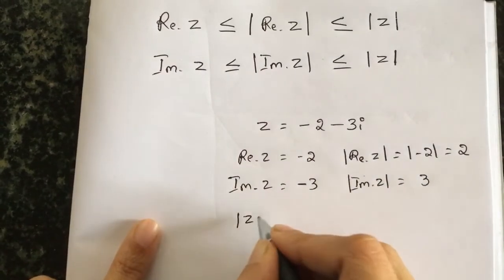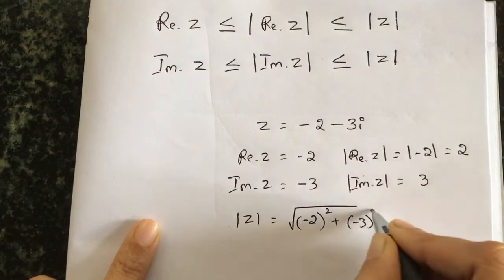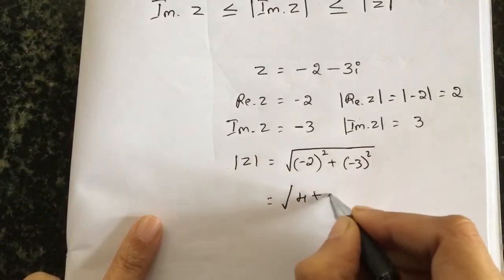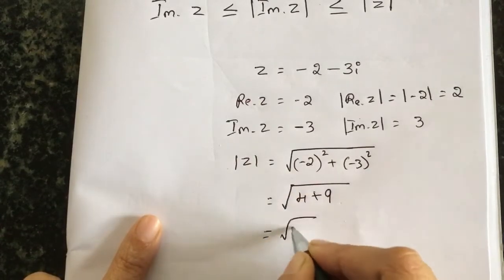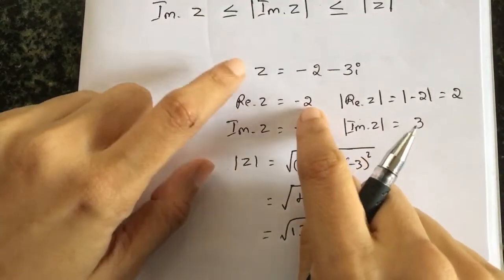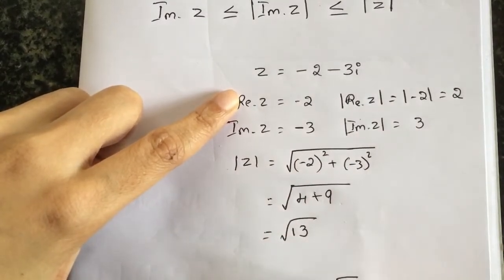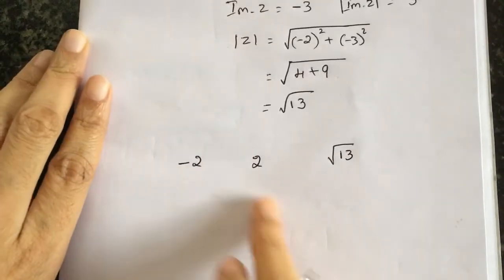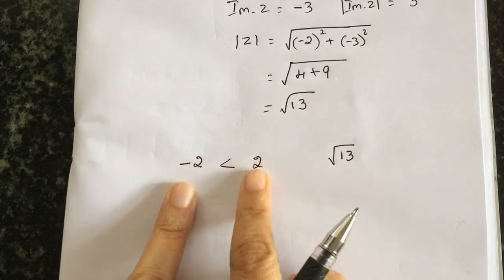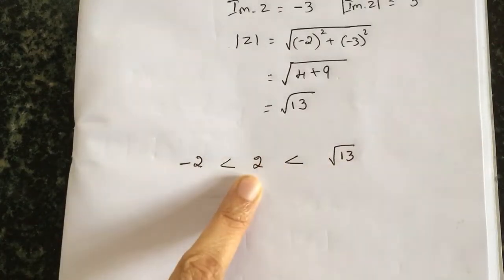Then modulus of z is root of minus 2 whole square plus minus 3 whole square, so root of 4 plus 9, which is root 13. Now you check the real part of z, its absolute value, and modulus of z: of course this is less than the modulus of the real part of z, and this will be less than the modulus of z.